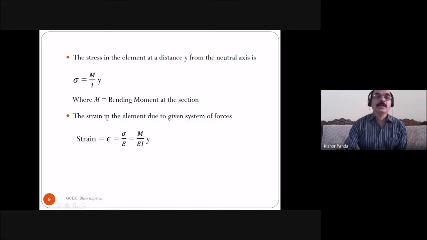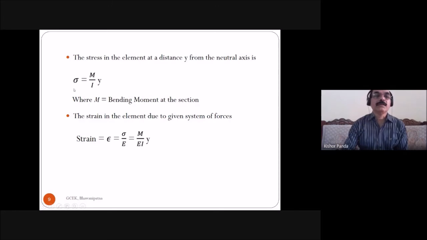The strain in the element due to the given system of forces, that also you can find out. The strain is equal to the stress by modulus of elasticity. You know the stress is equal to M by I into y, so strain is equal to M by EI into y.